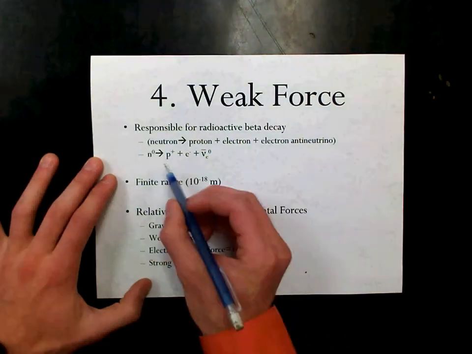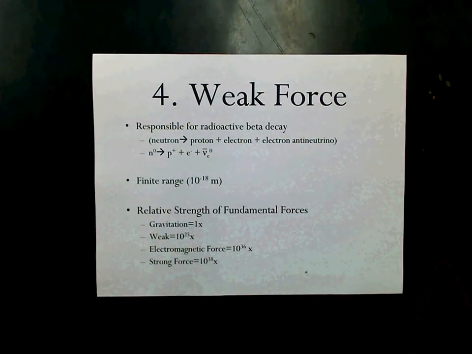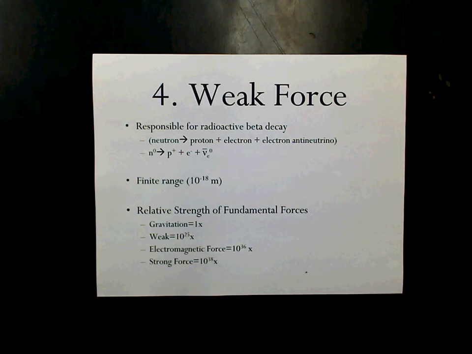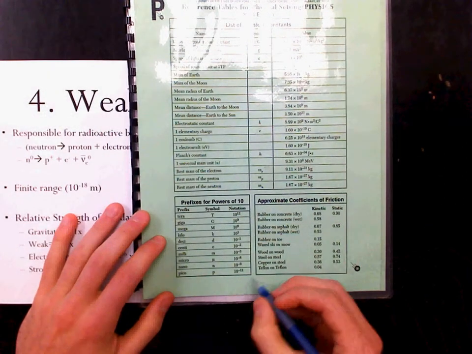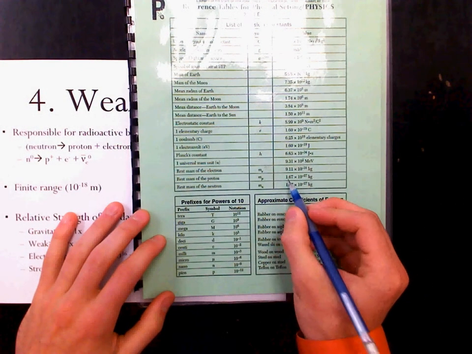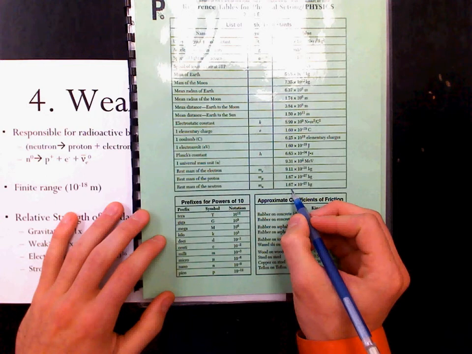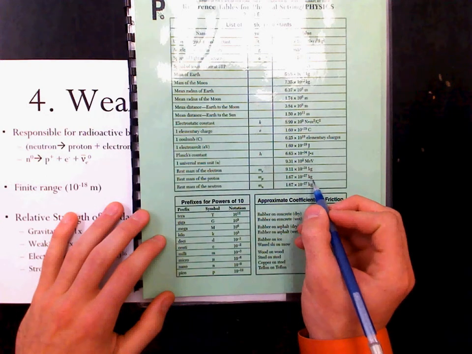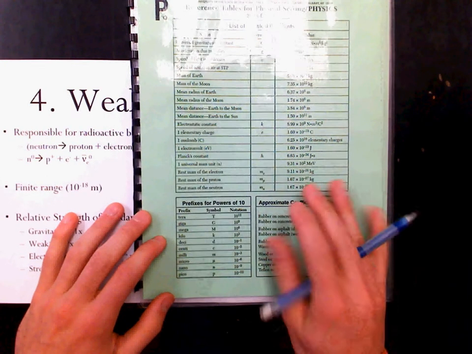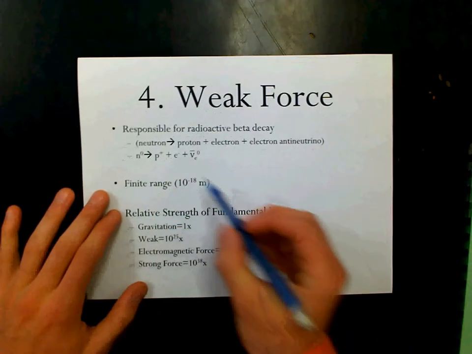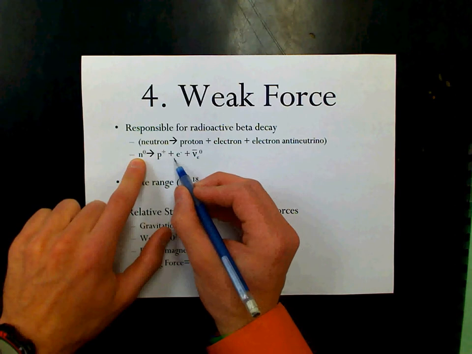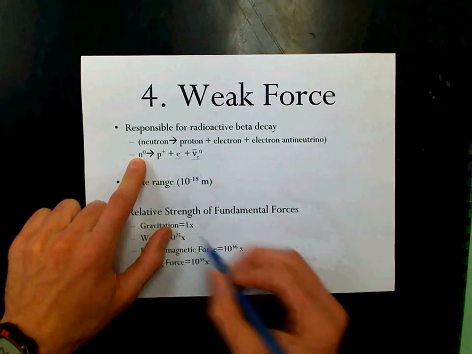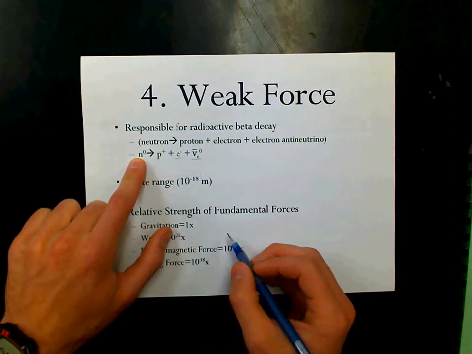But, question. If I look at the reference table, and I go to the very front page, why does it tell me that the mass of a proton and the mass of a neutron are the same at 1.67 times 10 to the negative 27 kilograms? When right here I see the neutron must be composed also of an electron and an electron antineutrino.